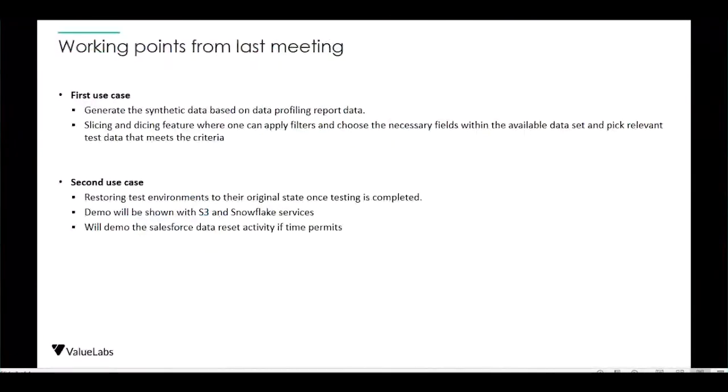Moving on to the working points from the last meeting. From the last meeting, we discussed two use cases. One is generating synthetic data based on a data profiling report. The data profiling report discovers the data and captures rules, schemas, and different ratios about the data.